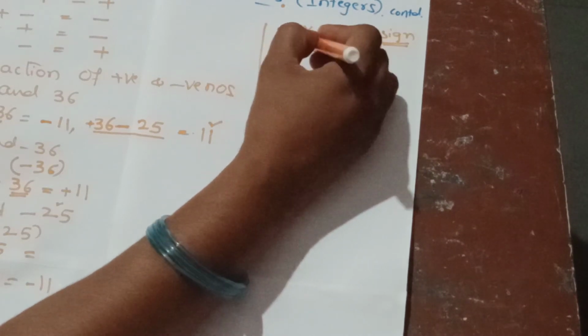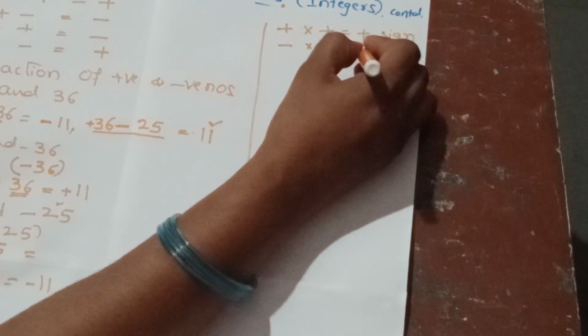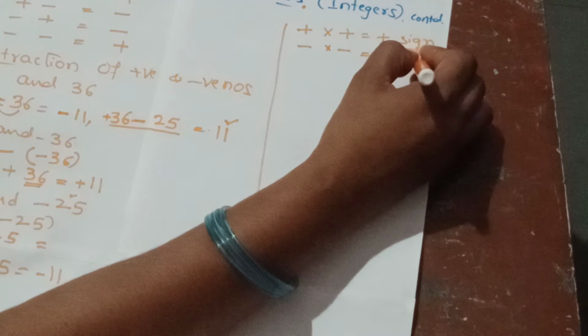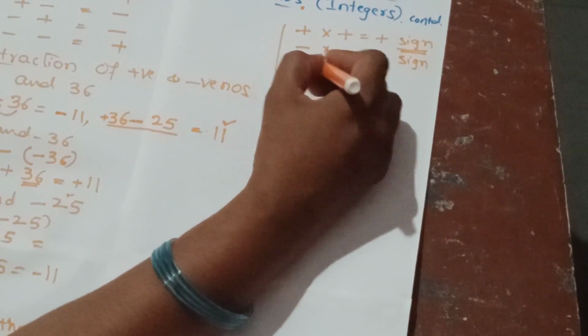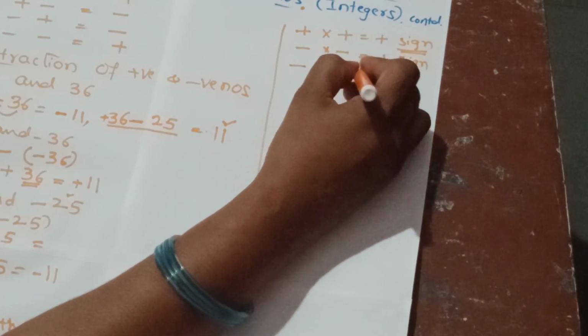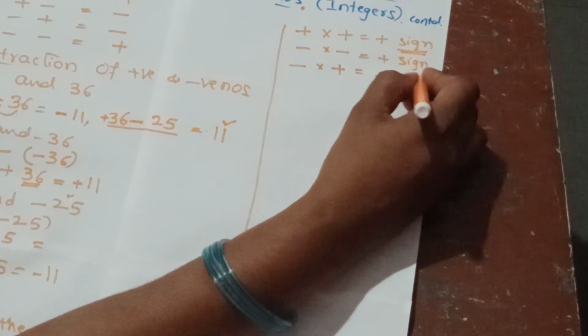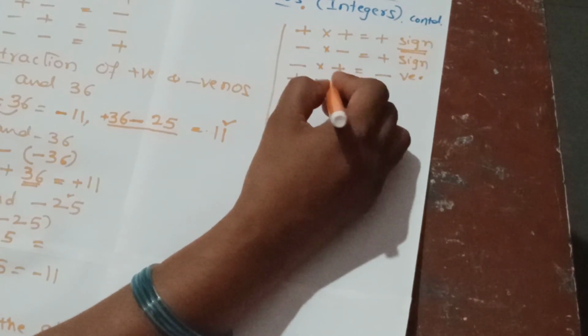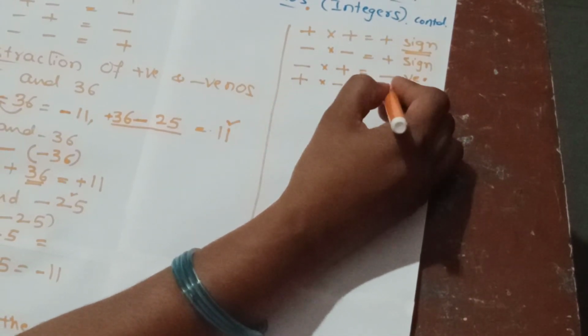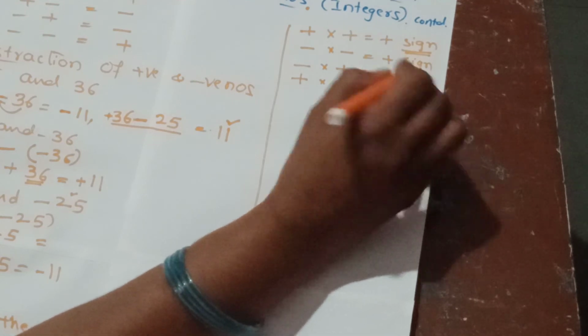In the case of minus and minus also you are going to get plus sign. In minus into plus, you are going to get the negative sign with respect to the multiplication. Same thing, plus into minus, in that case also you are going to get once again the negative numbers.